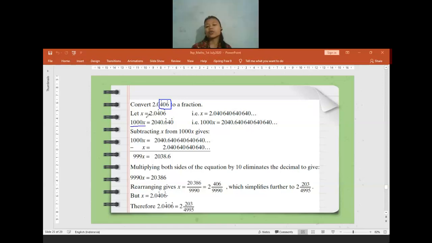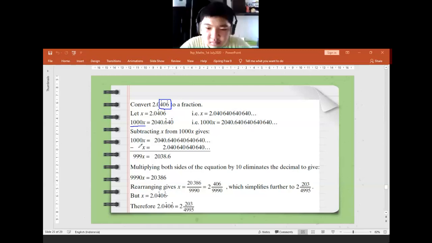So the x will be 2.0406406 and so on. Because this is 1000x, when we multiply it by 1000, it will be 2040.640640 and so on. After that, we write it in order from the bigger to the smaller.